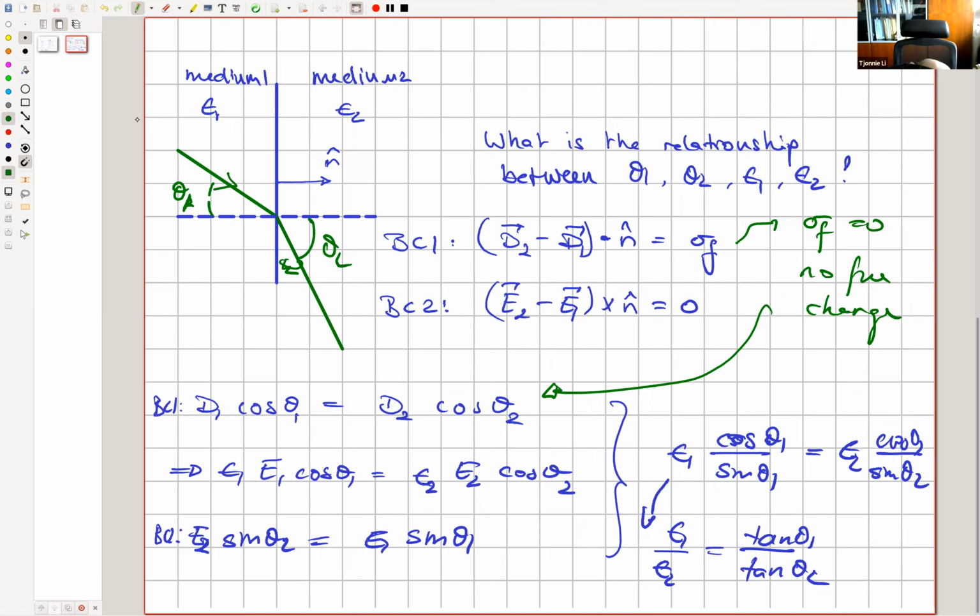If epsilon 1 is bigger than epsilon 2, what happens then? And what happens when epsilon 2 is bigger than epsilon 1?